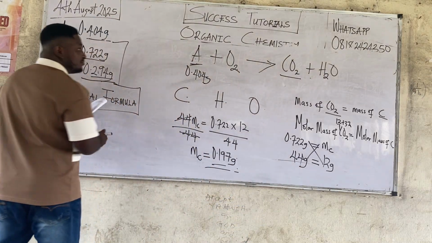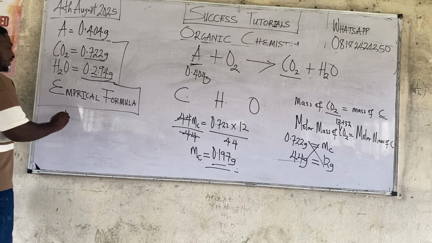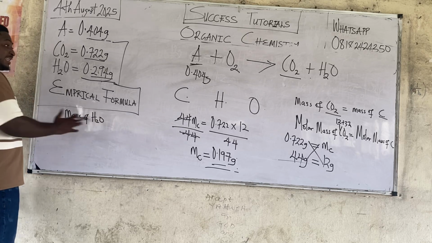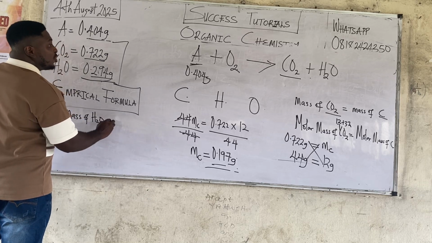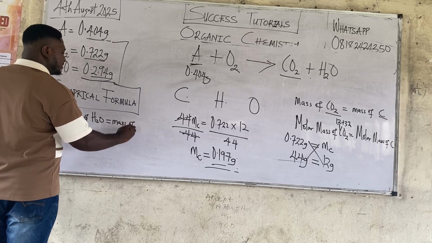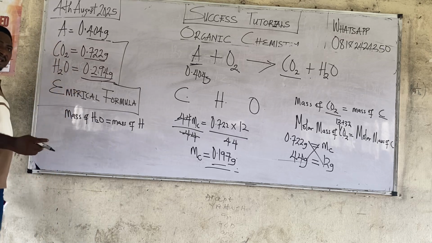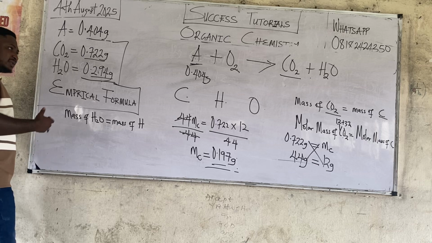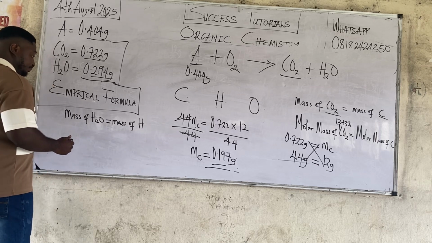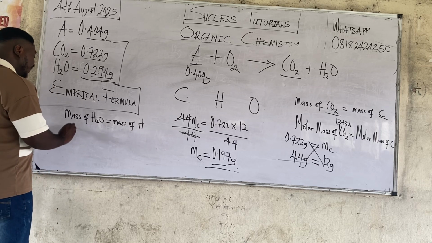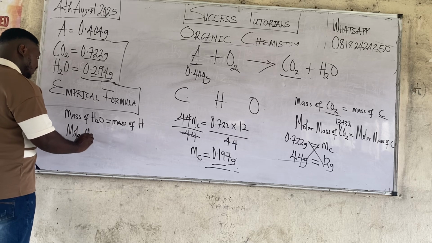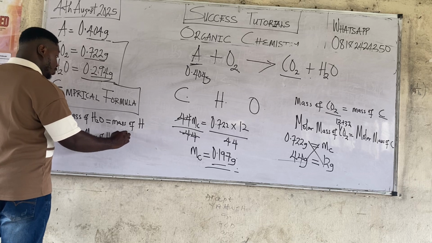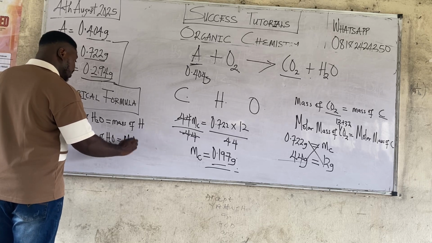So using the same pattern, on one side we're going to say mass of H2O, left hand side is H2O, right hand side is H, equals the mass of H. Thank God this class is recorded, so you can watch again and again and get better. Second step is the molar mass of H2O, which can be obtained, equals the molar mass of H.